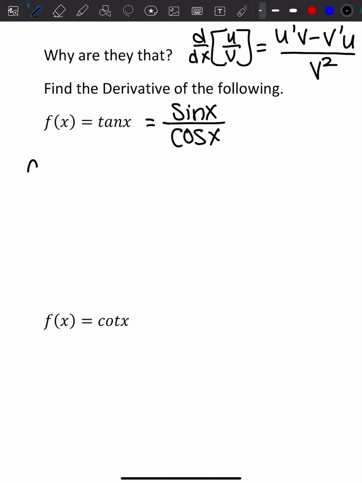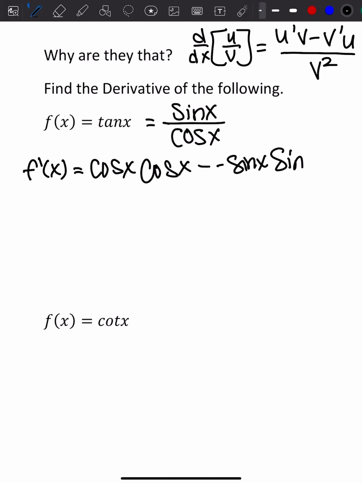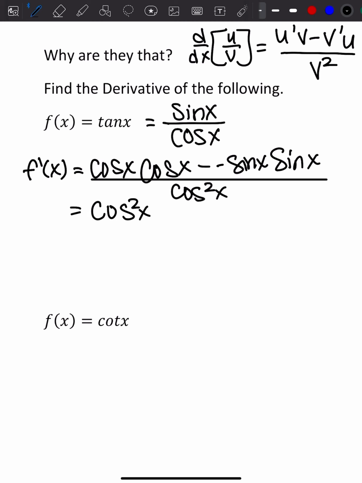If I were to do that here, f prime of x is equal to the derivative of sine, which is cosine, times cosine, minus the derivative of cosine, which is negative sine, times sine, all divided by cosine squared. So cosine times cosine is cosine squared, minus a negative turns into a positive, and sine times sine is sine squared.